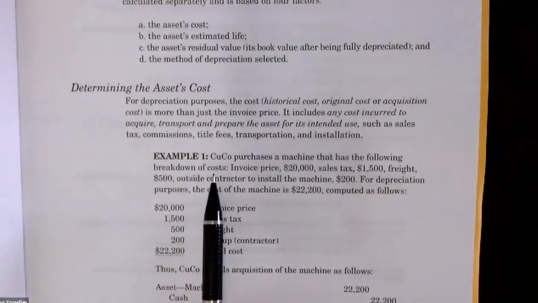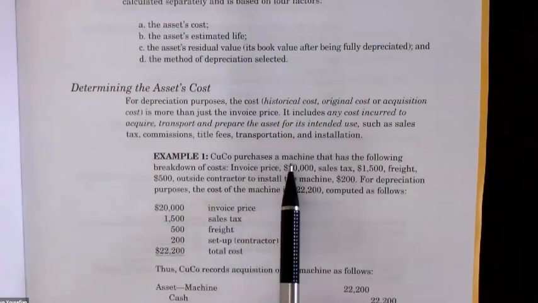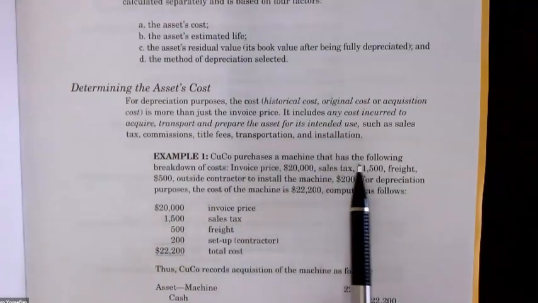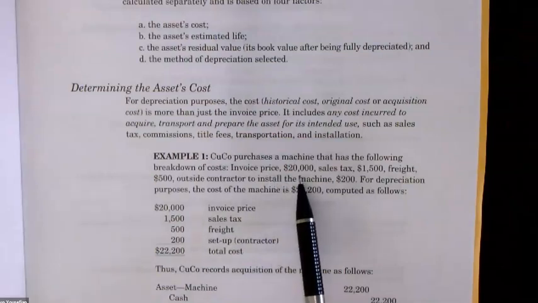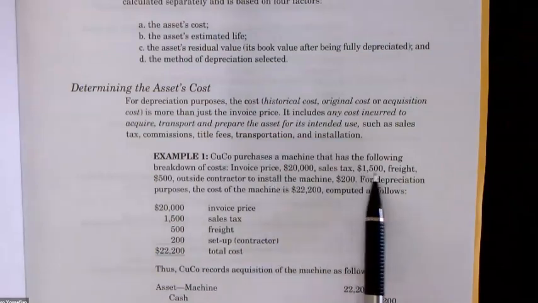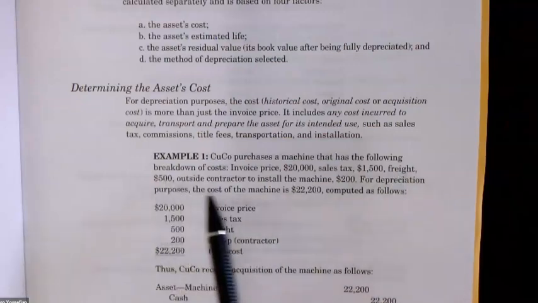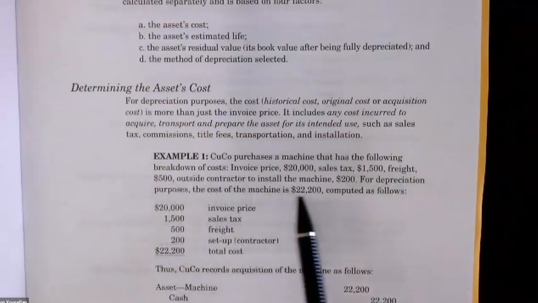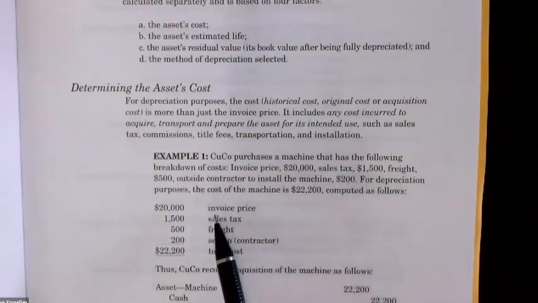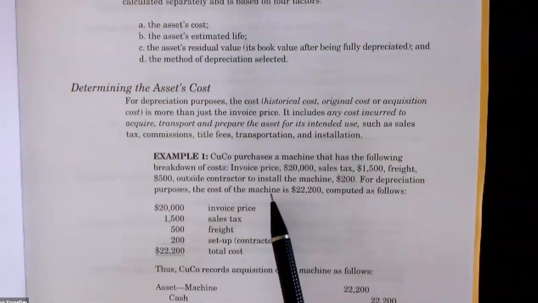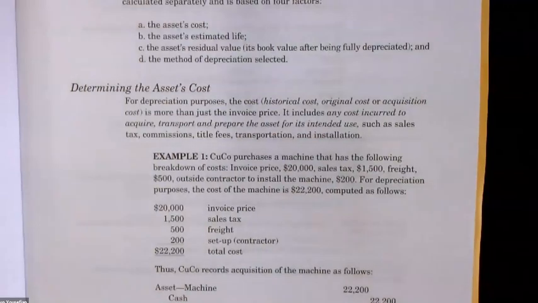It says Kuko purchases a machine that has the following breakdown of cost: invoice price plus sales tax plus freight for shipping, outside contractor to install the machine. So you have to add all this stuff that you spend to have the equipment ready for intended use.